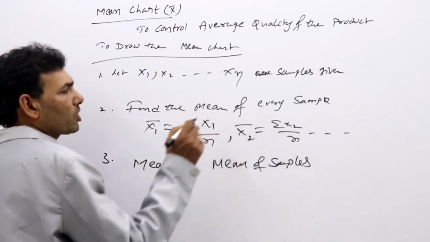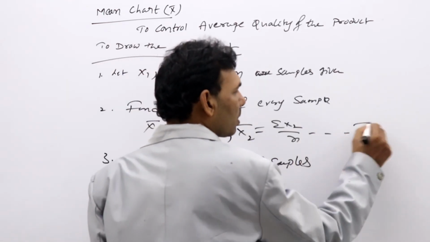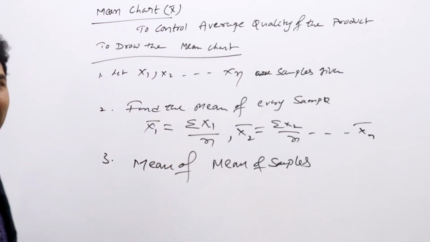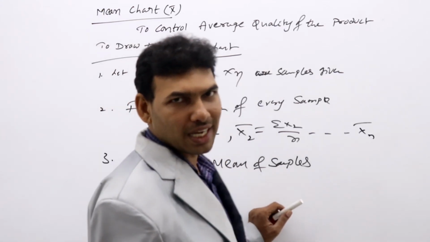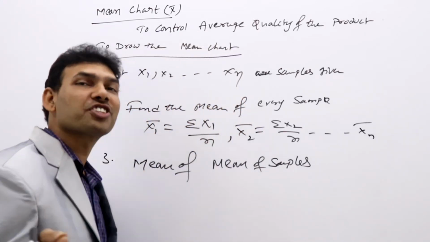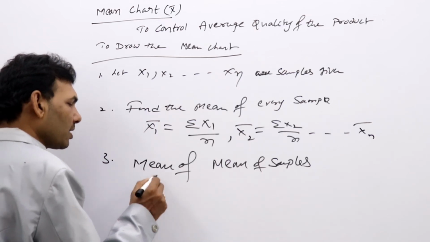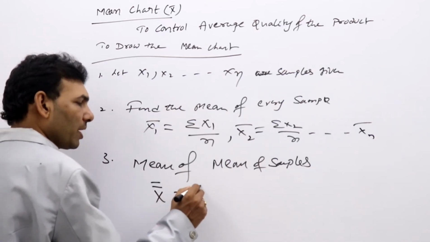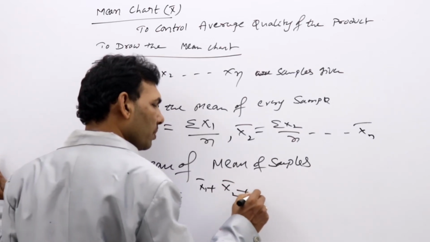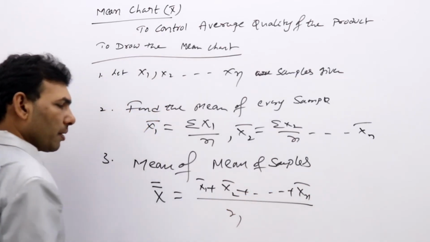The sample means are x1 bar, x2 bar, and so on up to xn bar. For these n means, again find the mean, which we call the mean of sample means. That is represented as x double bar, calculated as x1 bar plus x2 bar plus so on plus xn bar, divided by n, the number of samples.